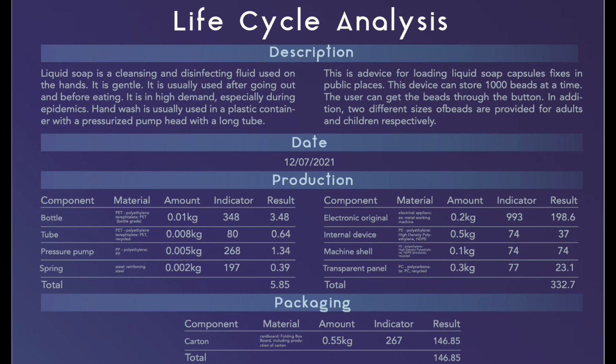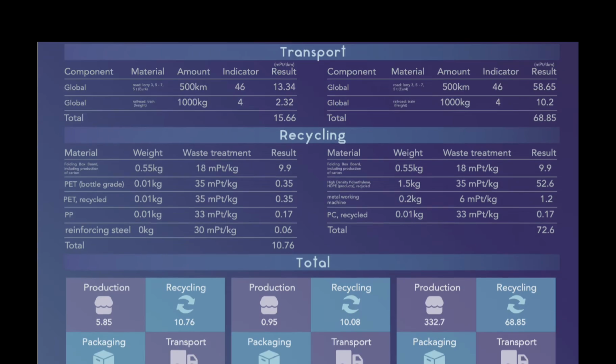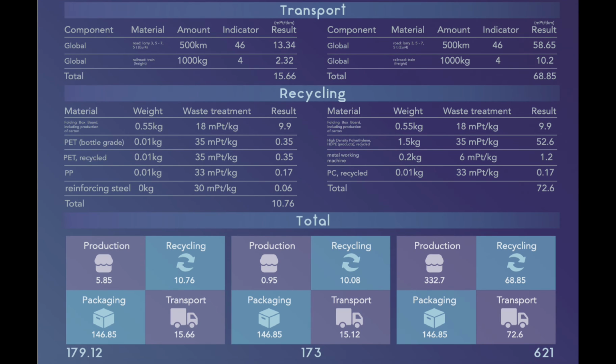According to the website's algorithm and material research, in the case of the same transport packaging, transport mode, and capacity, we can see from the data that the original design cost was 5.85. After using PVA materials for a packaging redesign, it produced only 0.95 of consumption. When it comes to recycling, cartons are also more recyclable than plastic.